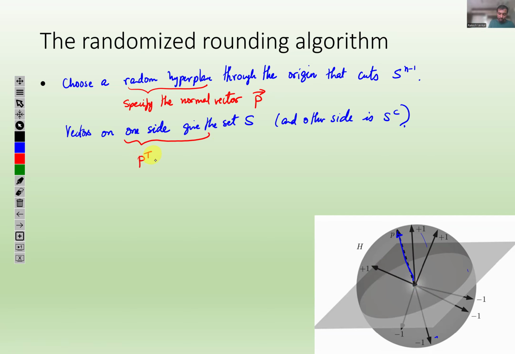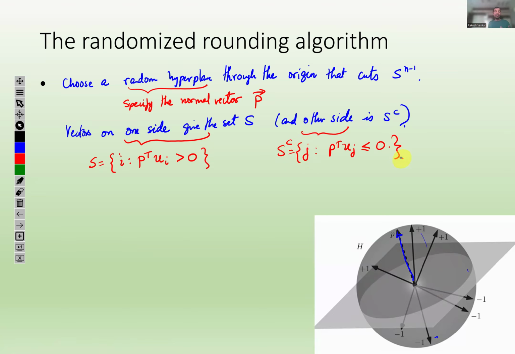These are the points where P transpose Ui is greater than 0. And the other side is the j such that P transpose Uj is less than or equal to 0. Equal to 0 is a measure 0 event, so you just forget that. So this is S and this is S complement.